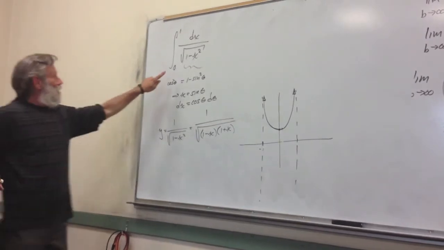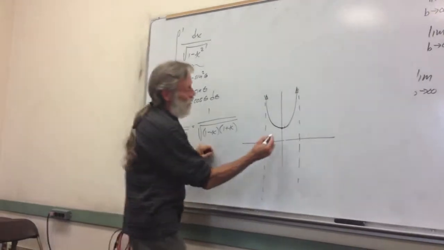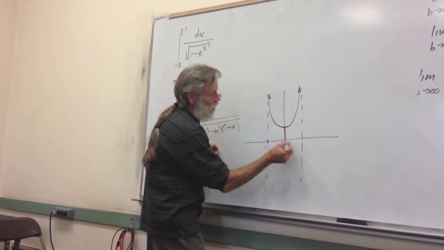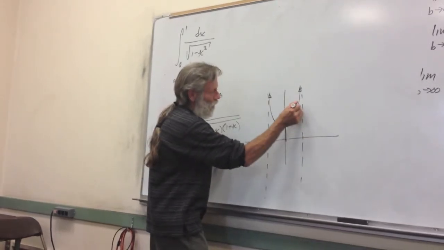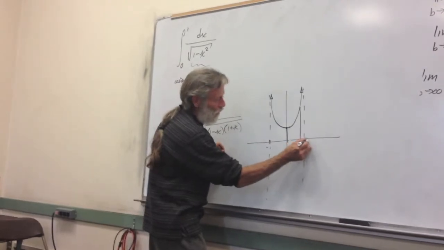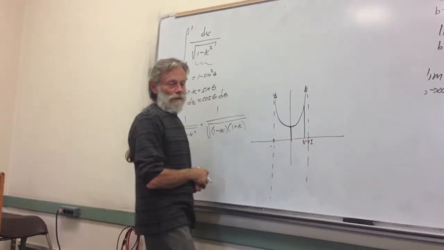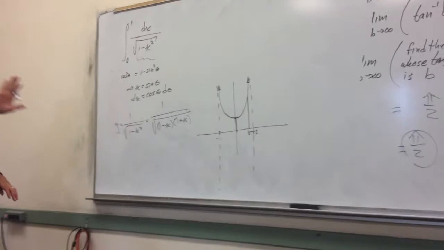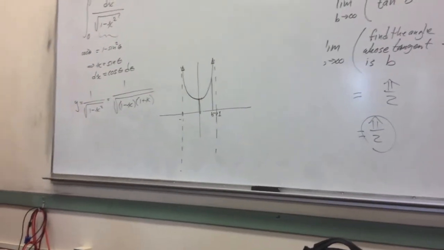So the question then of going from 0 to 1 is going from 0 to here, but I'm going to integrate to some b and let b approach 1, because I can't evaluate at an asymptote. I've got to push it to the asymptote instead.